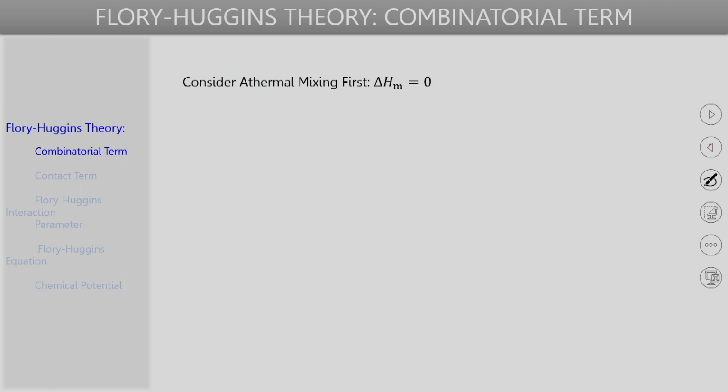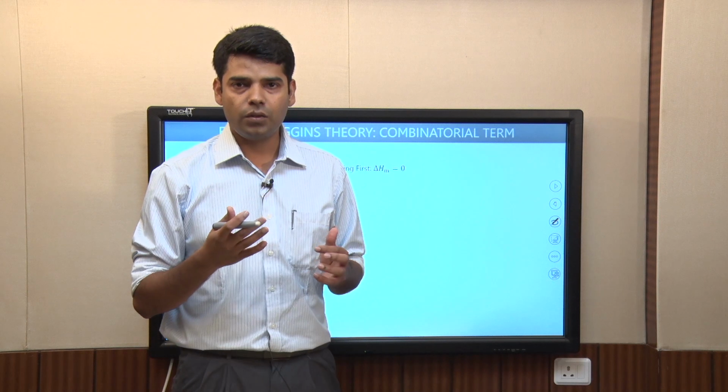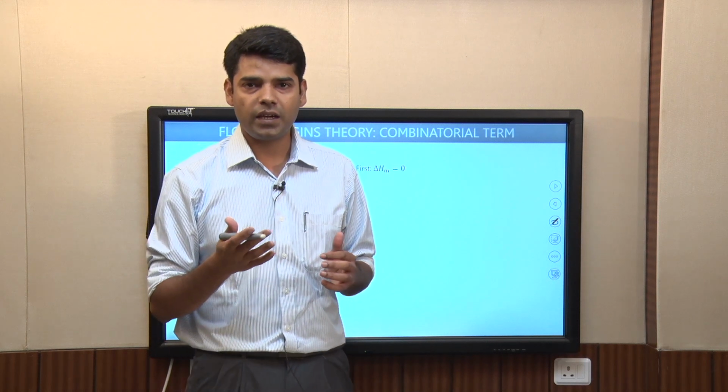We will see when we discuss the contact term that this assumption will be relaxed. But for calculating the combinatorial entropy, which is purely based on the different number of conformations that the polymer chains can adopt, this assumption of no enthalpy change of mixing, or essentially no interactions, is made.